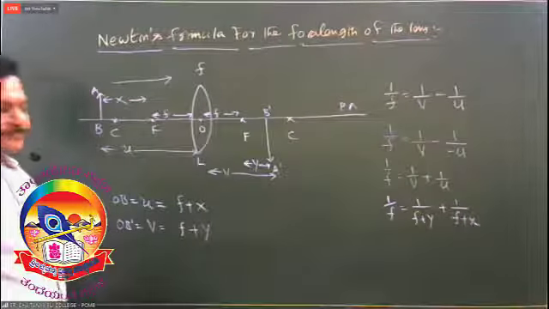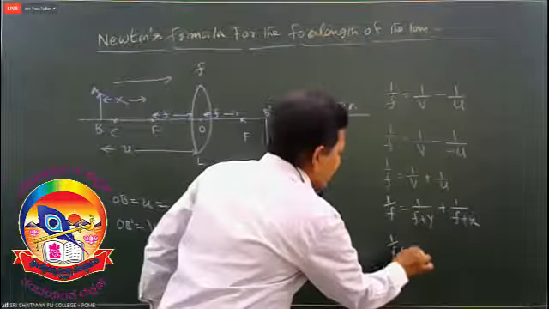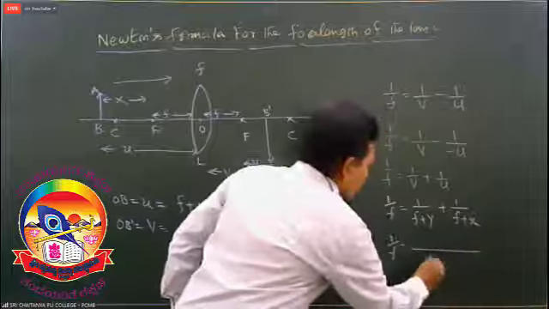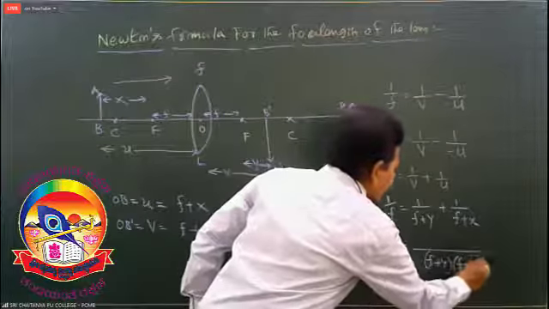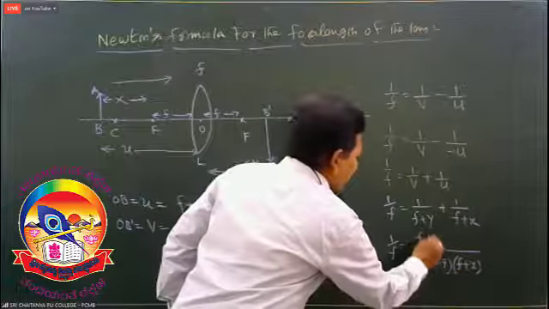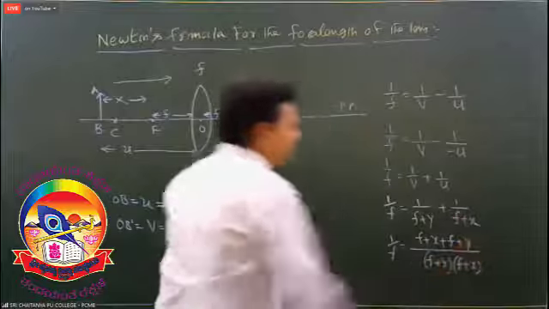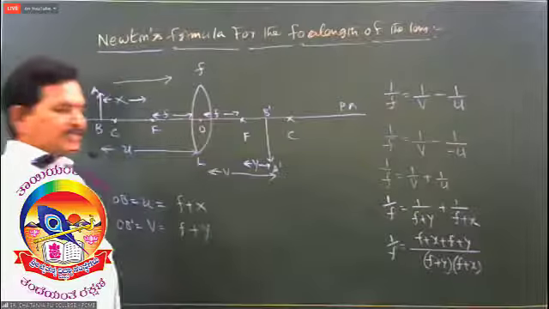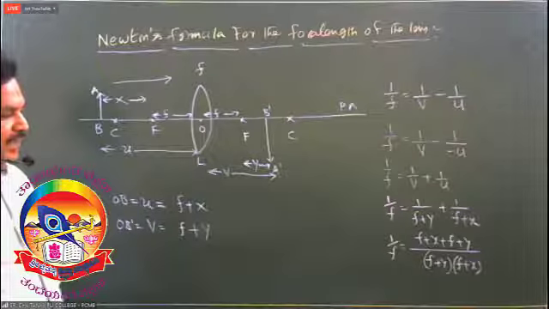Take the LCM. So 1 by f is equal to, in the numerator, f plus x plus f plus y, over f plus y into f plus x. On cross multiplication, we will get the answer.